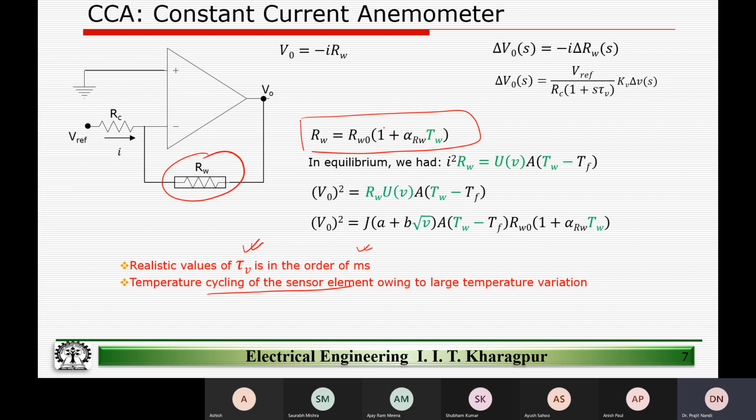I would not call it a linear equation between RW and TW. It is a straight line, but in real technical terms it is not a linear relation.